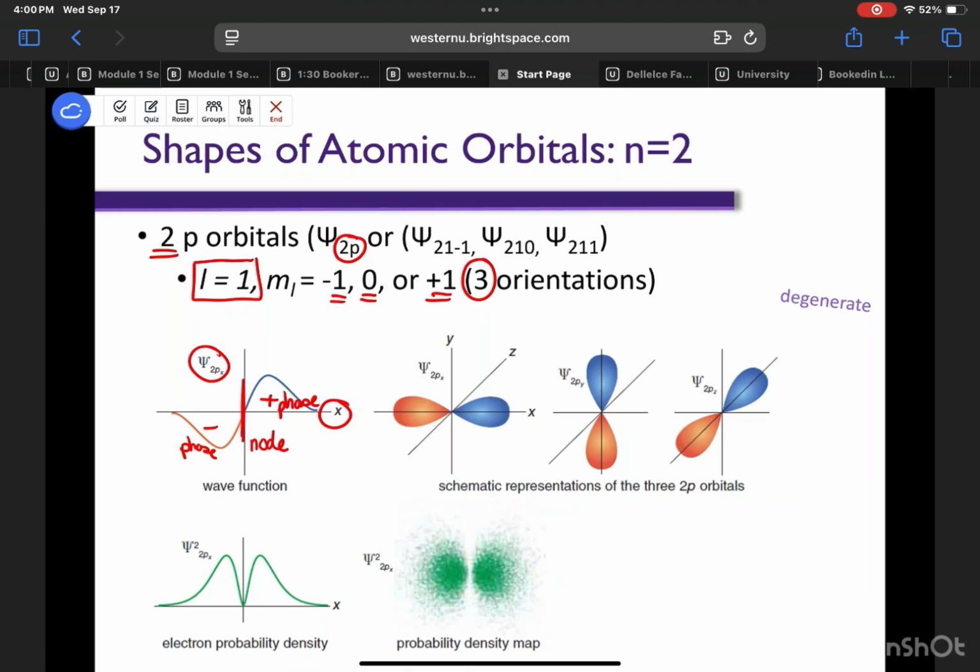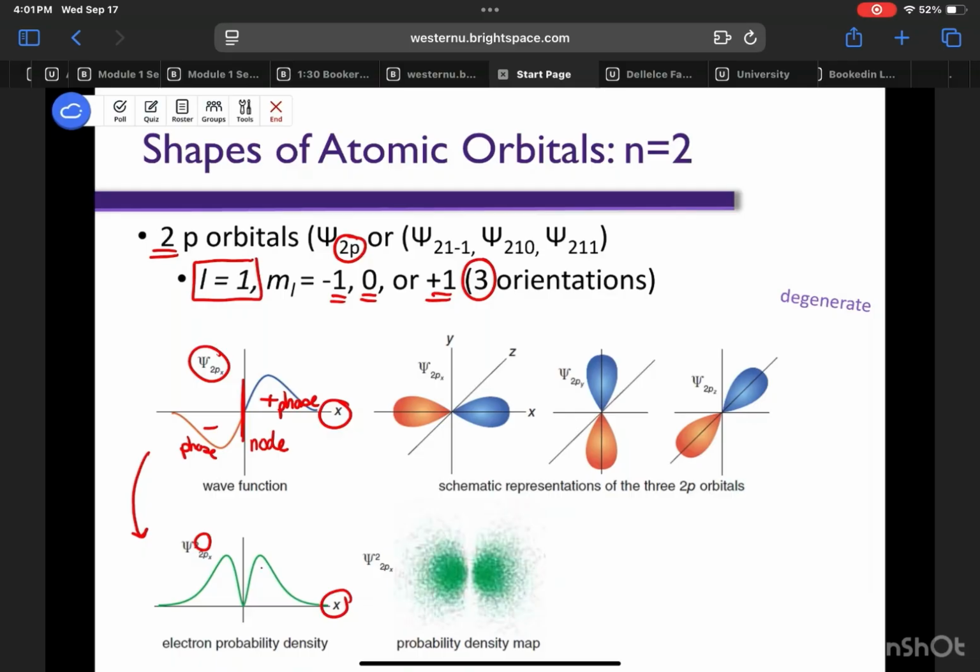I can take that psi function and I can square it as I go to my electron probability density map. This gives me an idea of what's the probability of finding an electron somewhere along this x-axis. I'm still just in a one-dimensional region right now.